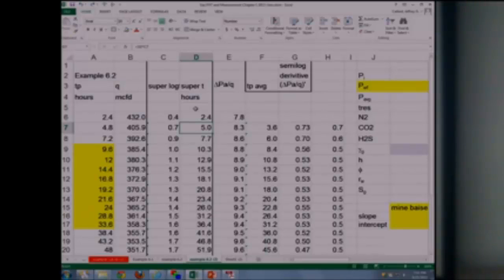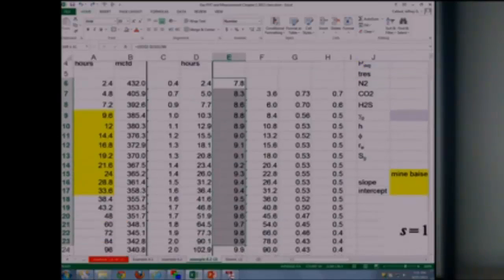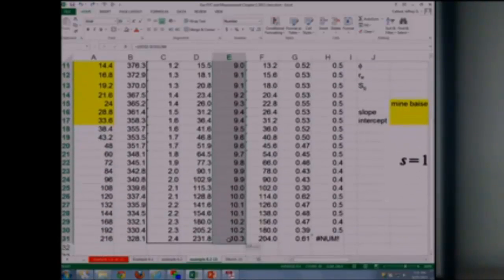Okay, so now I have a new time. I don't actually have to do that, but I think it's more fun. So I am going to copy my delta P over Q onto my plot.